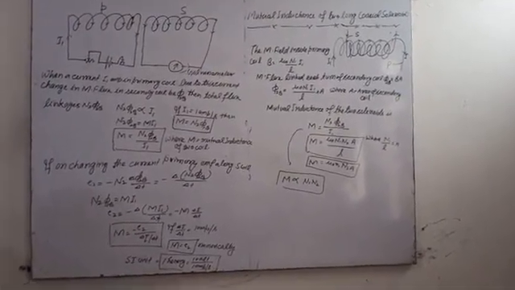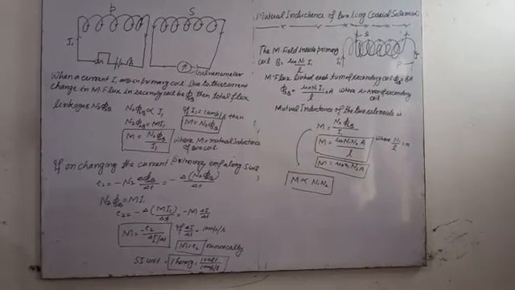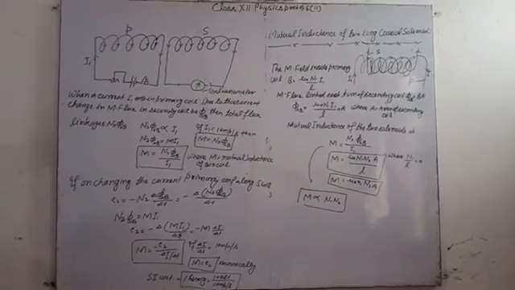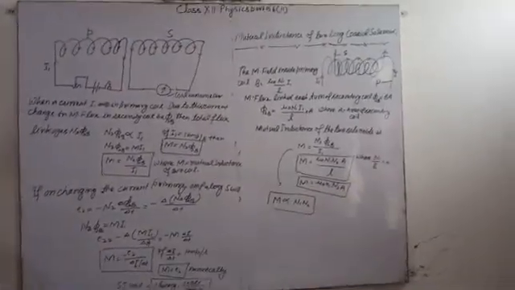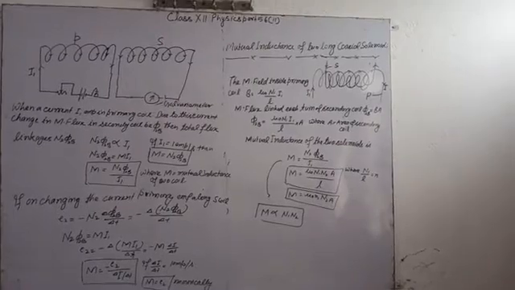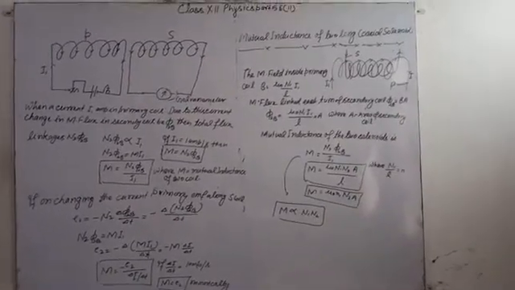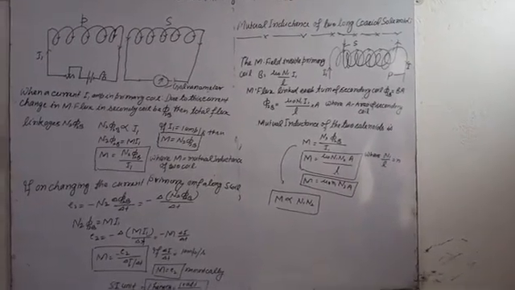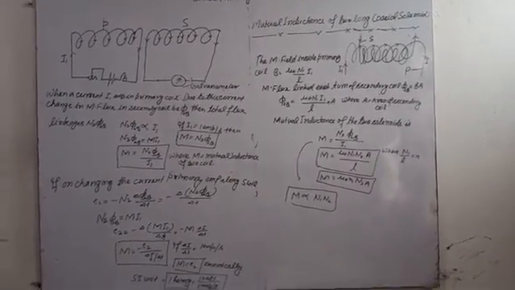Its SI unit is Henry, 1 volt upon 1 ampere per second. It may be defined here: the mutual inductance of two coils is 1 Henry when an induced EMF of 1 volt is set up in one of them due to current changing at the rate of 1 ampere per second in the other.